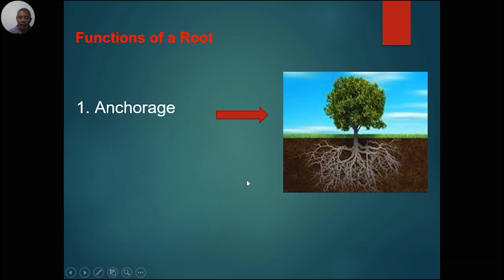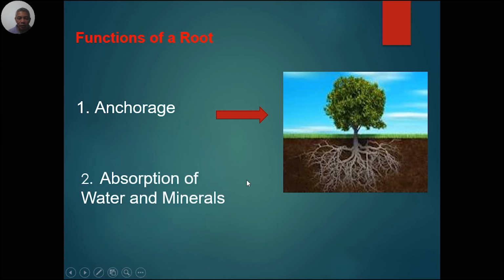And next is absorption of water and minerals. While it is true that the plant anchors in the soil, of course, it also absorbs water and minerals, which will be distributed to the different parts of the plant for growth and development.